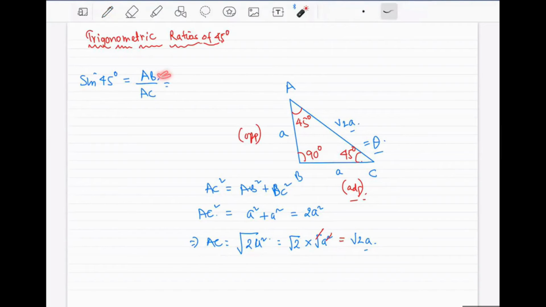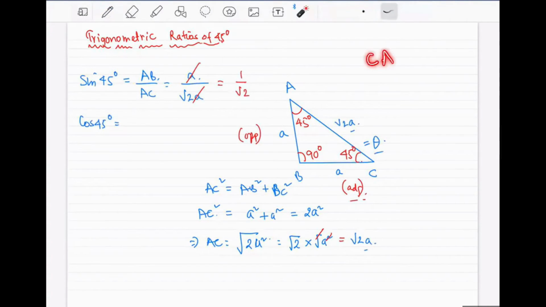We have taken AB to be A, and we have determined that the hypotenuse is root over 2A, right? So just put in the value now. We will have A divided by root over 2A. I can cancel out the A and A. What is remaining? 1 by root 2. Simple.